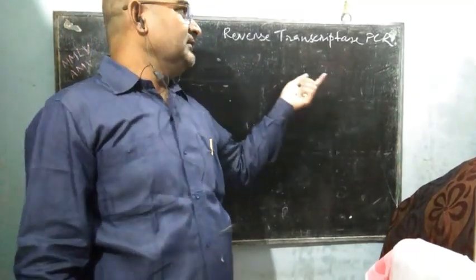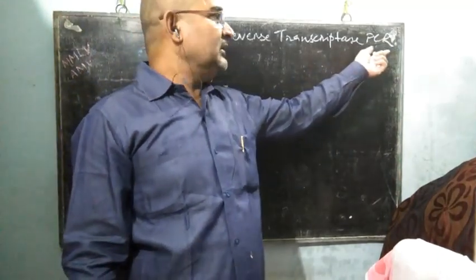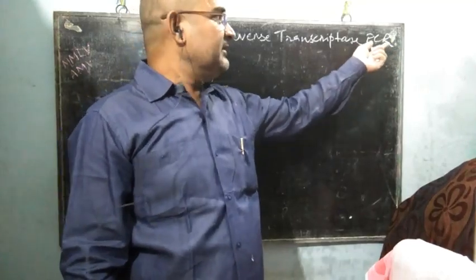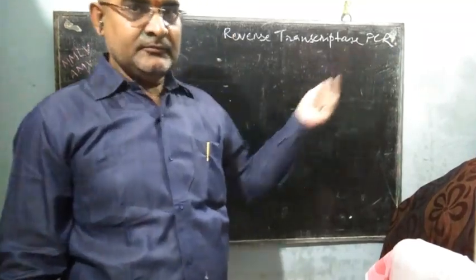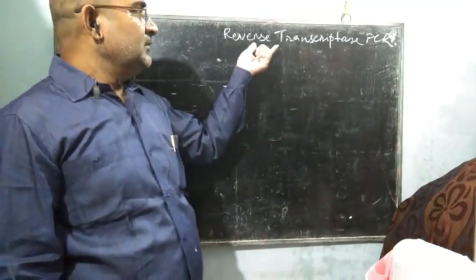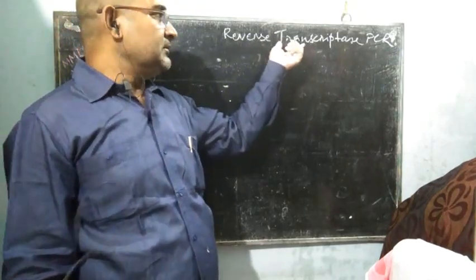In my last class, I discussed the PCR, but in that class, the material for the PCR was DNA. Here it is mentioned that the PCR is associated with the reverse transcription.